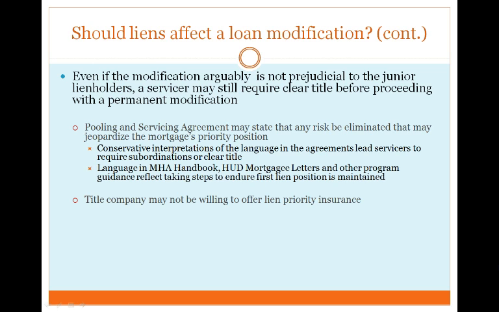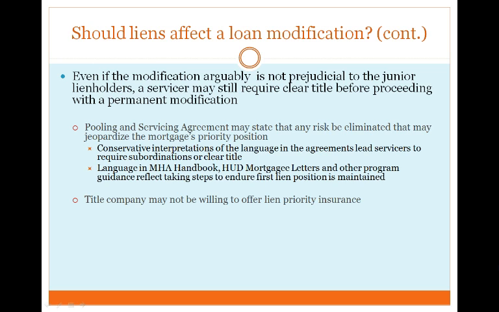Another reason you may see that they are asking for a clear title is they may not be able to get their title company to offer lien priority insurance. Essentially, lien priority insurance would allow them to ensure that the lien position of the mortgage does not change due to the execution and recording of the loan modification. It can be issued on mortgages up to $1 million.